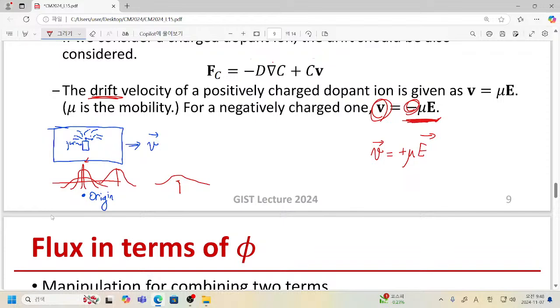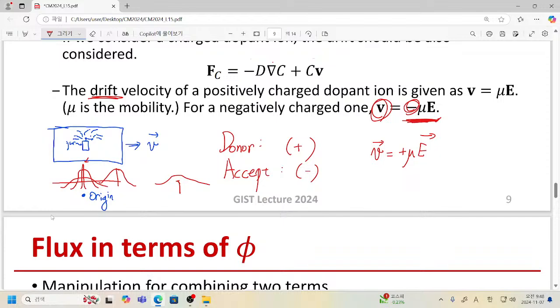Since we are now talking about our ionized dopants, if we are considering donors, then they should be regarded as positive charges. And if we are considering acceptors, then they should be regarded as negatively charged particles.